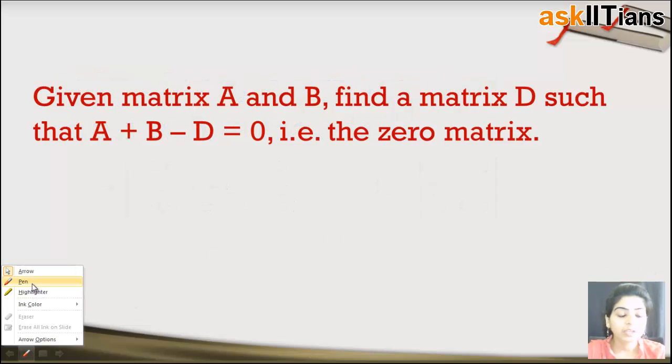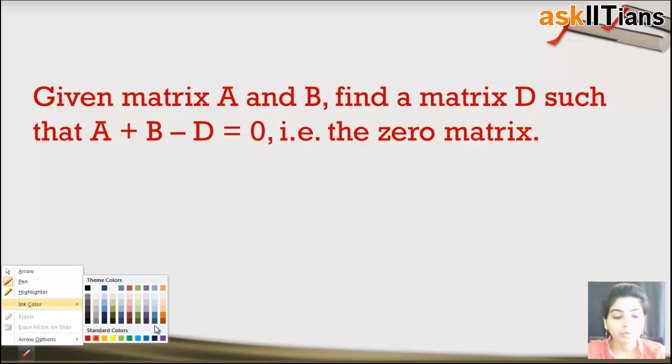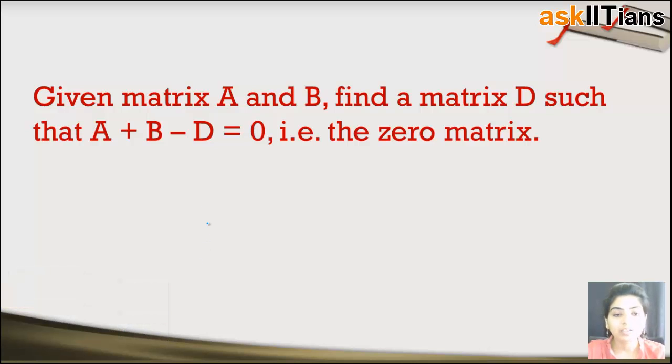Another question, in this I'll be telling you how you would find the value of a matrix D when you have got the values of matrices A and B, if they satisfy the given condition. So I take a matrix A, you can take any values: 1, 2, 3, 0, 4, 5.